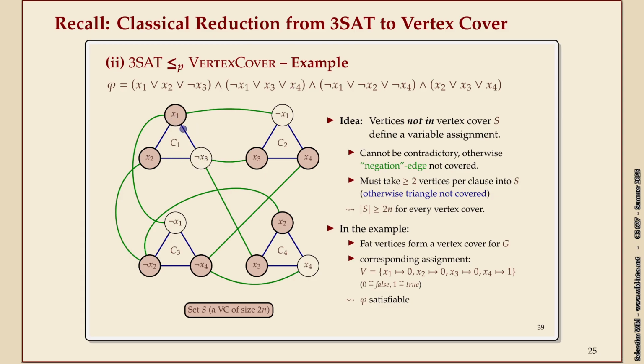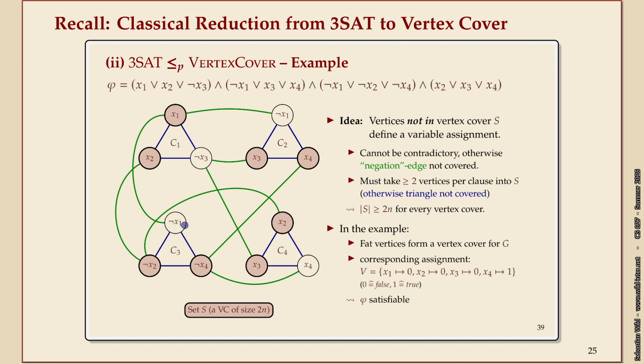The triangles are these blue edges, and the bit that encodes the logic are the green edges, which are connecting every pair of literals that are negations of each other. So here I have x1, here I have not x1, that's why there's this green edge.